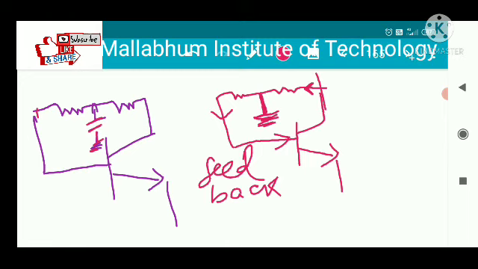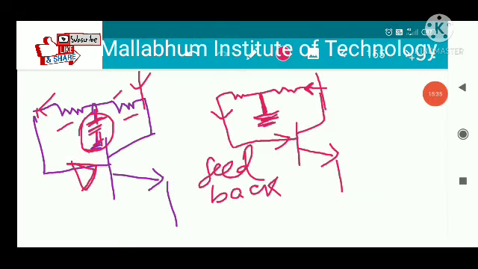Without employing this capacitor, the whole signal comes to the base. That is the problem of feedback. To eliminate the feedback problem, we have employed a capacitor here and divided the base resistance into these two values. Whenever this capacitance is short circuited in AC, the signal goes to the ground, so no signal comes to the base.